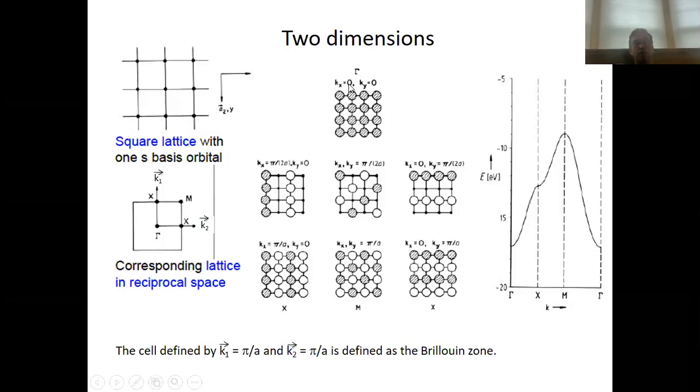Now we can, for instance, go to kx equal to pi over a and ky remaining 0. So this means that we now flip the algebraic sign of every other 1s orbital in x direction, but not in y direction.